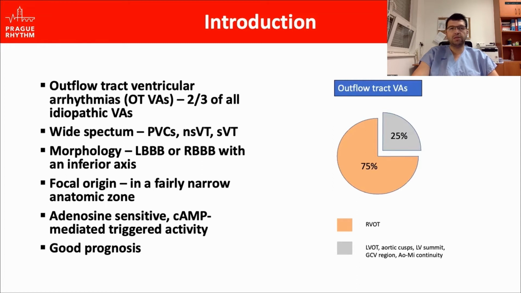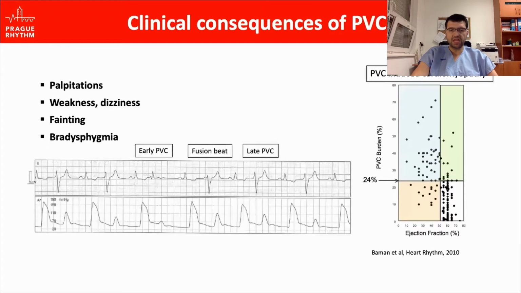Usually those arrhythmias from outflow tracts are considered a benign condition, and the most frequent site of origin of outflow arrhythmias is the right ventricular outflow tract. The remaining 25% of these arrhythmias originate from the LVOT, aortic sinuses, LV summit, or aortomitral continuity.